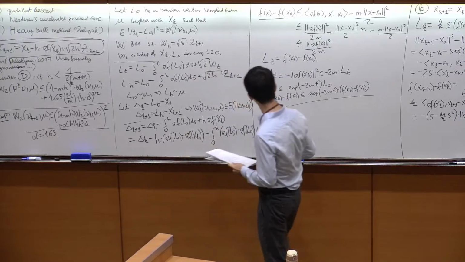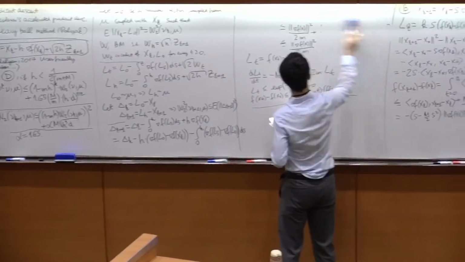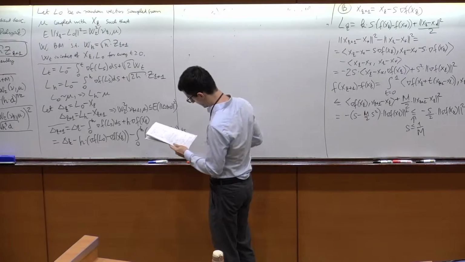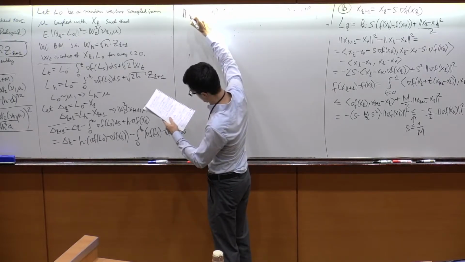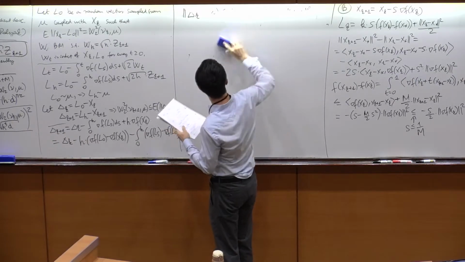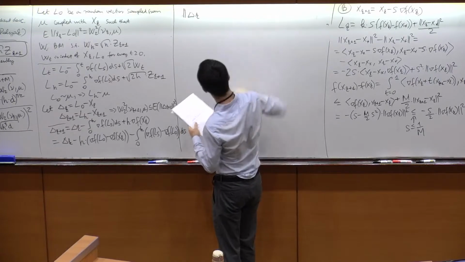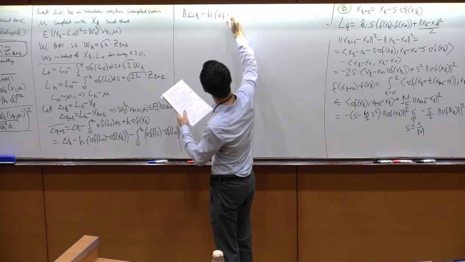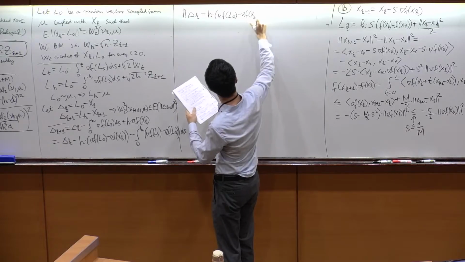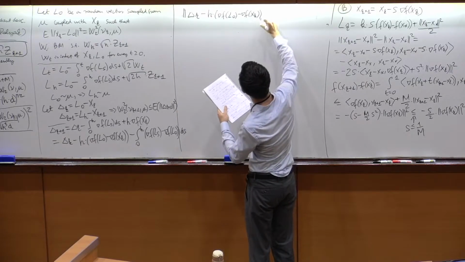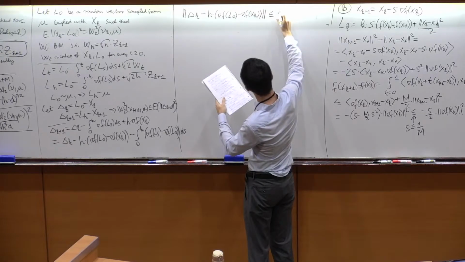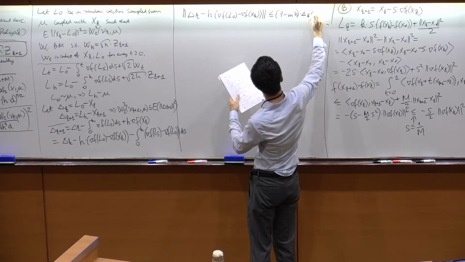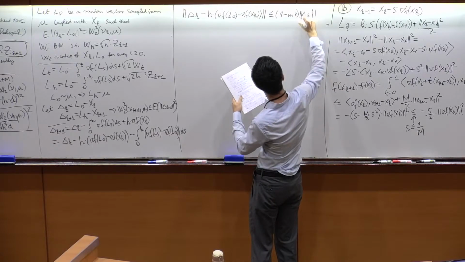First of all, it can be shown that the norm of delta_k minus h times (gradient f(L_0) minus gradient f(x_k)) is, let's say, at most (1 minus m h) times the norm of delta_k.